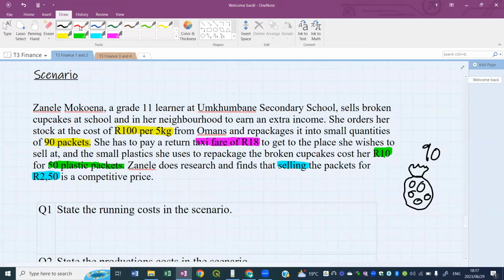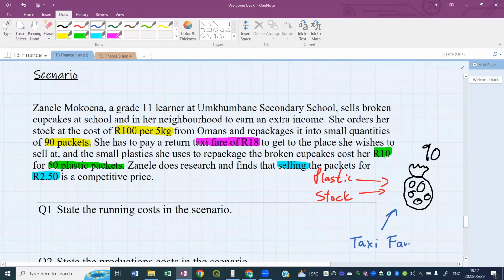Going into these packets is the plastic. It's also stock. She has to buy this. And taxi fare.